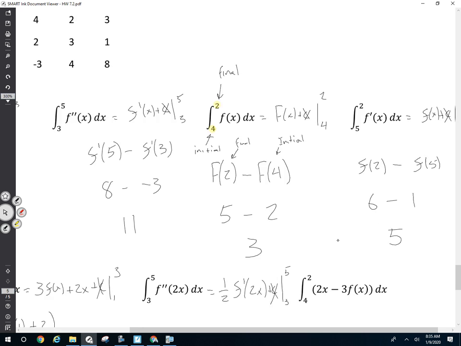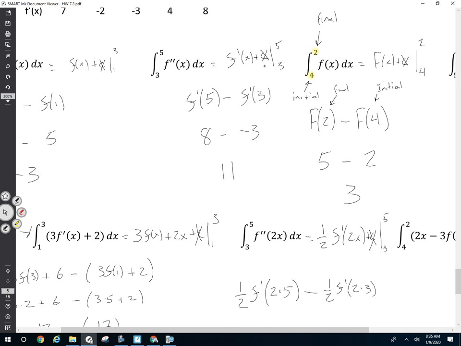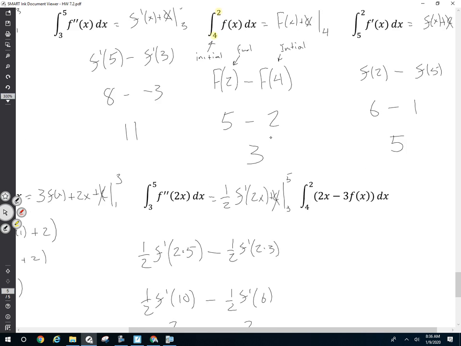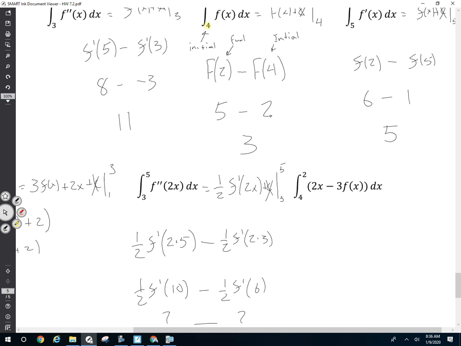I screwed up because I bet you I don't have 10 up here. All right, whatever. Just leave it because this is correct. 1/2 f prime of 10, whatever this is, minus 1/2 f prime of 6, whatever this is. I just wanted to show you this example so that you remember how to take the antiderivative. What I could do is change these boundaries to like 1 and 2, and then we'd be fine. Why don't I do that?